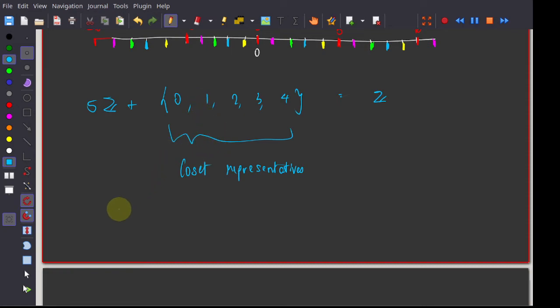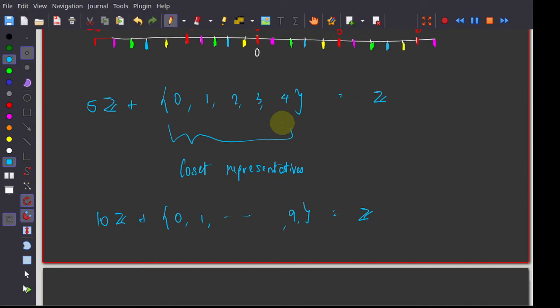So now let's take some other example, say 10Z. What will be the cosets? So the coset representatives are going to be 0 up to 9, and this will give me Z. Now does this form a group? Under some other addition? And which addition? Modulo 10 addition, right?